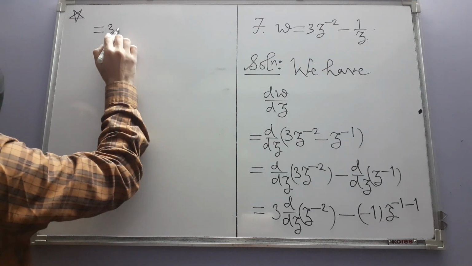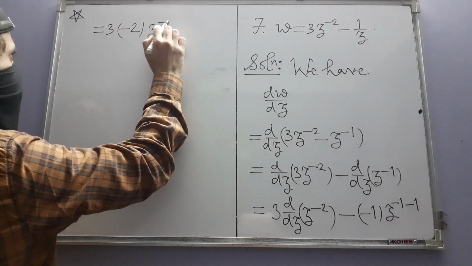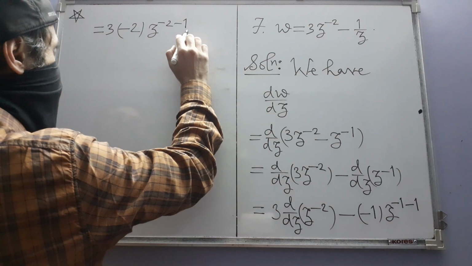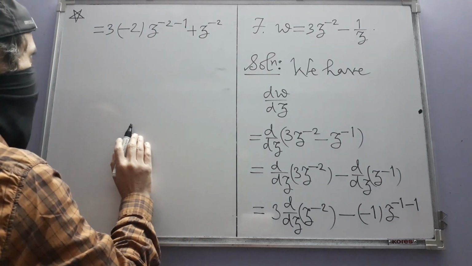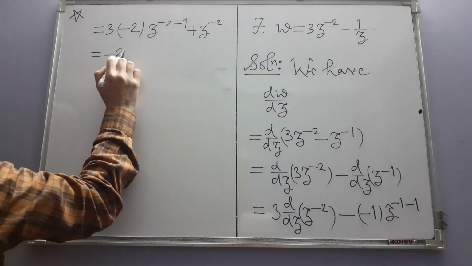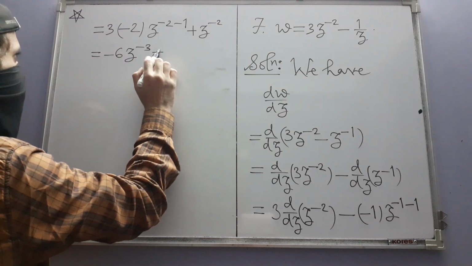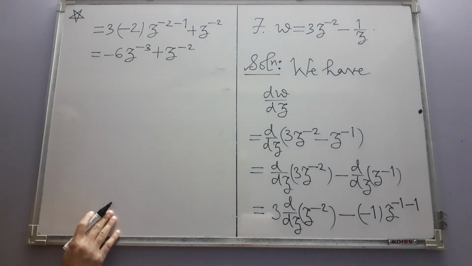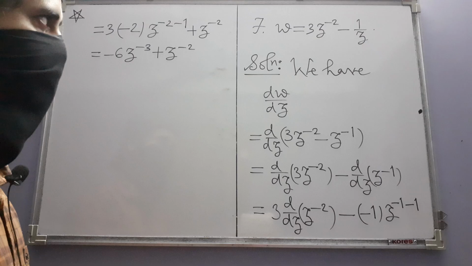Here also the exponent first comes down and then you subtract 1 from the exponent. This becomes plus z to the minus 2, minus 6 z to the power minus 3 plus z to the minus 2. Okay, so that is the derivative.